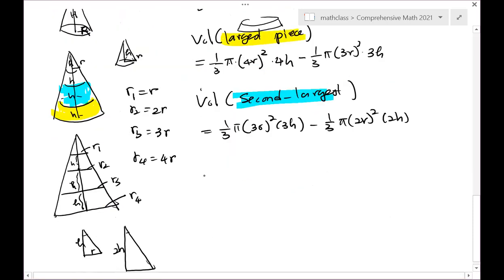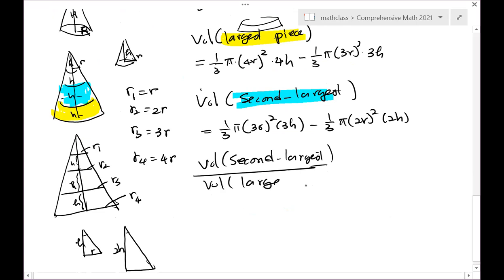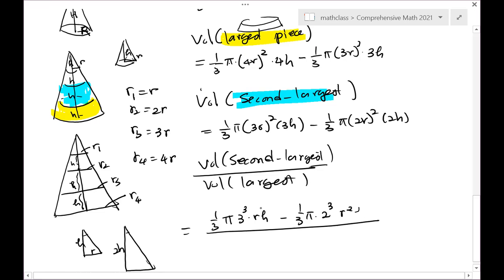The top is 1/3 pi, 3 cubed r squared h minus 1/3 pi 2 cubed r squared h.